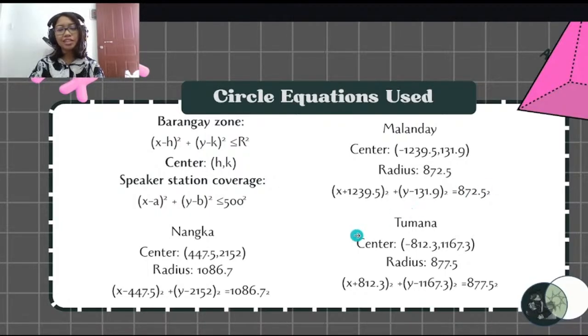For Tumana and Nangka, we follow the same substitution. For speaker station coverage, we are going to use the equation quantity x minus h squared plus quantity y minus k squared less than or equal to 500 squared.